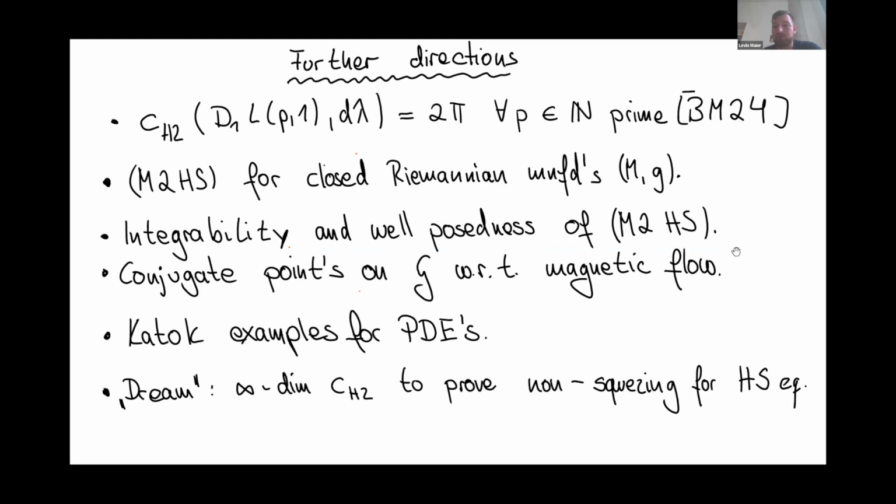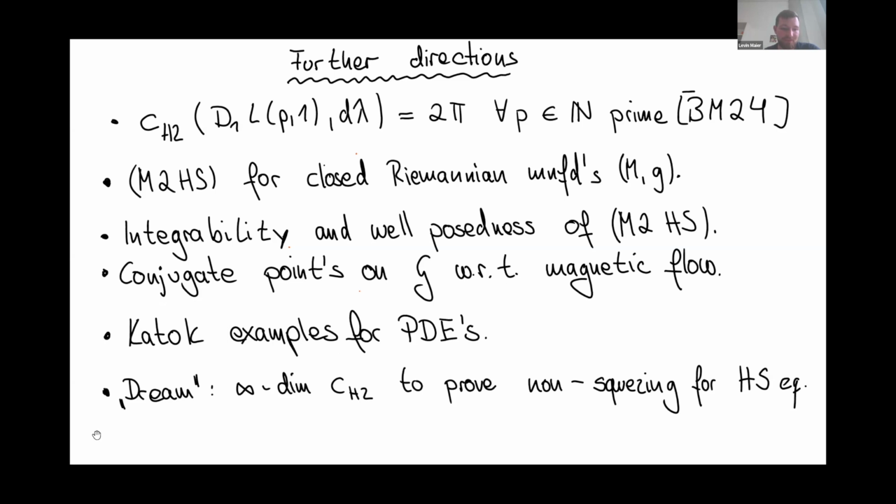Another thing one could also ask is, as always, about conjugate points of the flow. That's also work in progress, to see if the magnetic flow on the infinite dimensional Lie group has conjugate points or not, and what that means for the PDE. Another thing would be to prove some magnetic cutoff examples. So one hope would be to have magnetic cutoff examples for corresponding PDEs and to find the nice equivalence there.